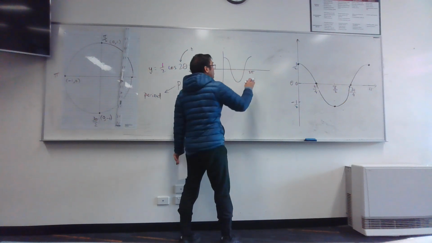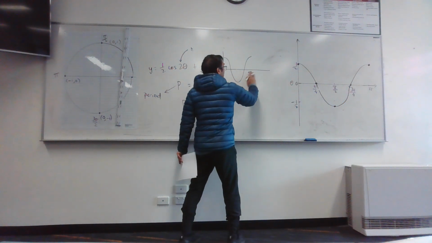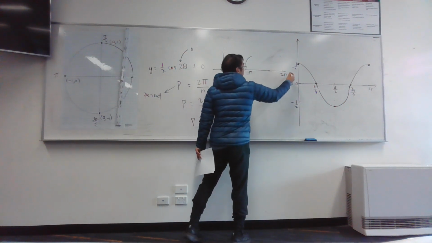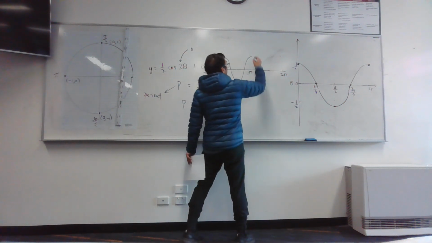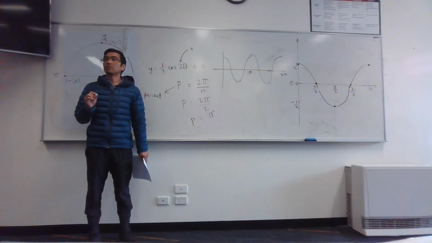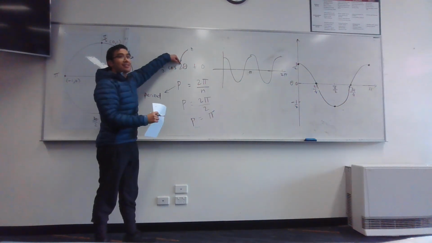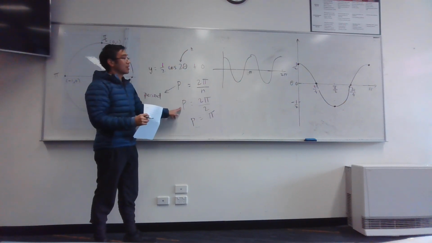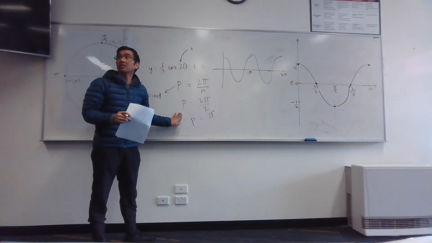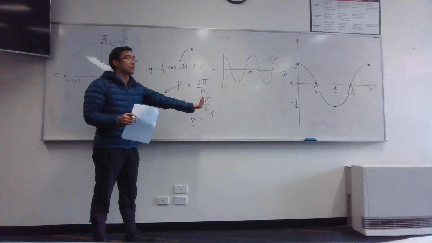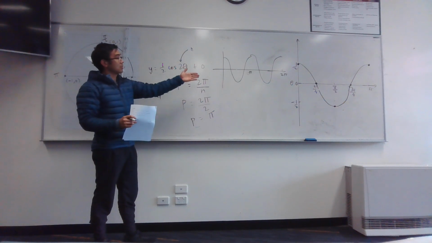It's shorter, but if we wanted to go to 2 pi, what do we do again? You'd have the second period. This 2 tells you how many cycles are happening within that length of time. Are we good with that?